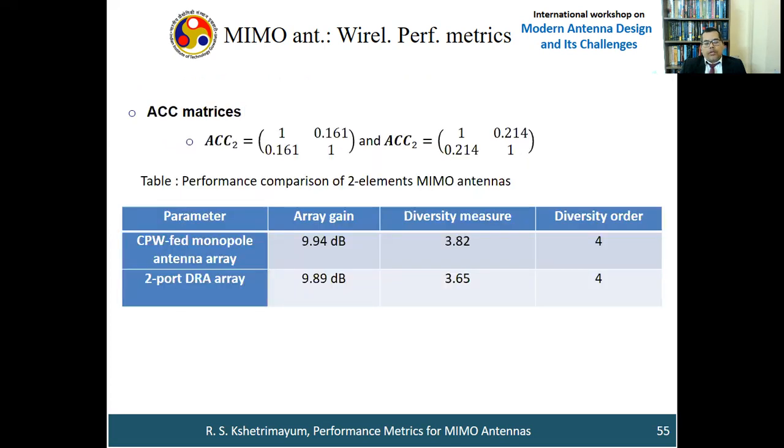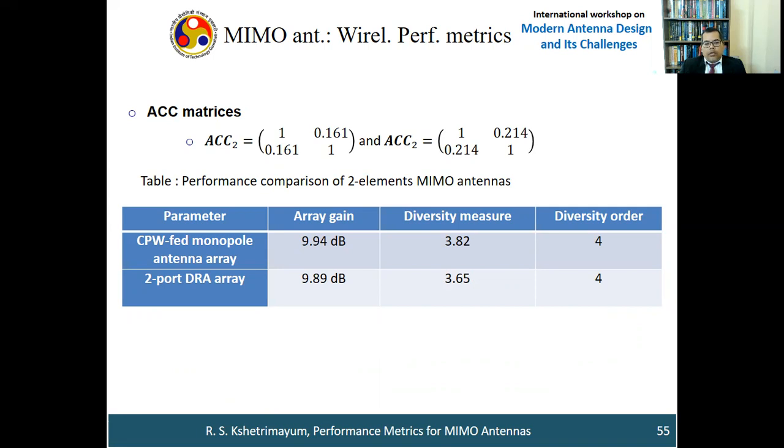And once you have ECC, you can fill up the SCC matrix for these two cases. The SCC matrix is given here, 1, 0.161, 0.161, 1, for the first MIMO antenna, the two-port printed monopole MIMO antenna, and for the second one, 1, 0.214, 0.214, 1, for the DRA array.